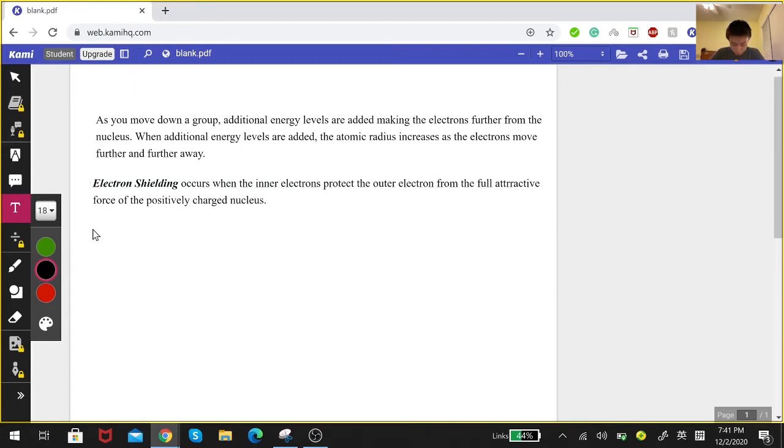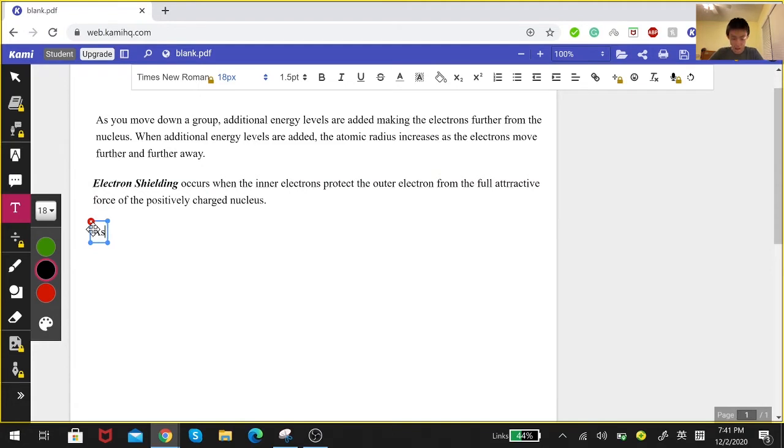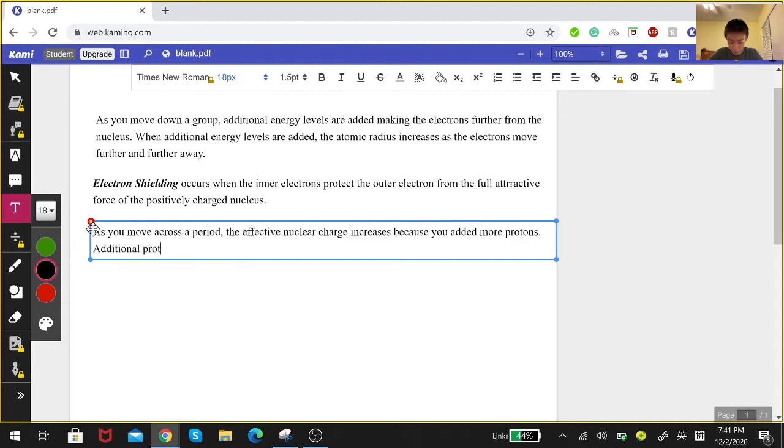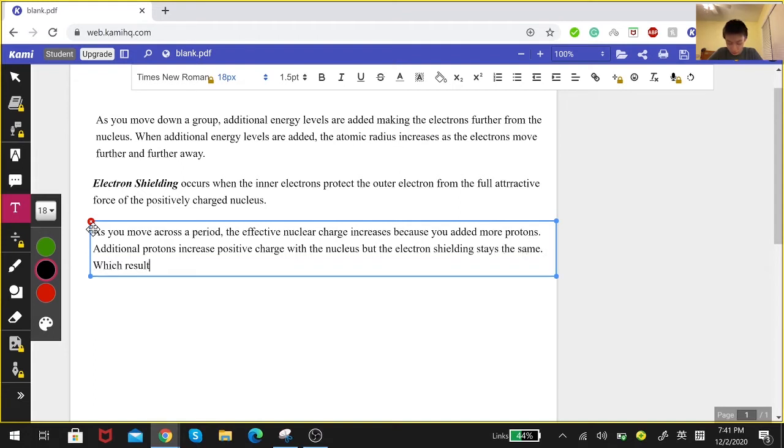Our third one is that as you move across a period, the effective nuclear charge increases because you added more protons. Additional protons increase the positive charge within the nucleus, but the electron shielding stays the same, which results in the electrons being pulled more tightly.